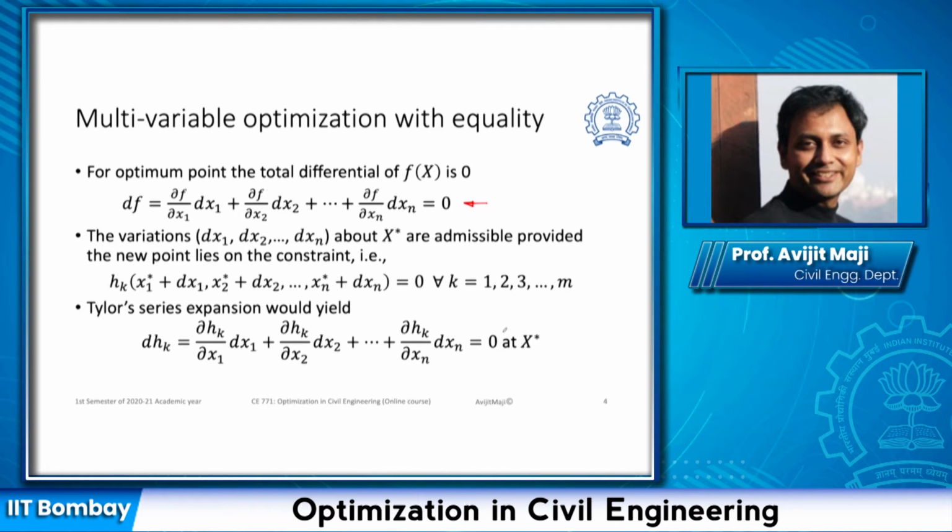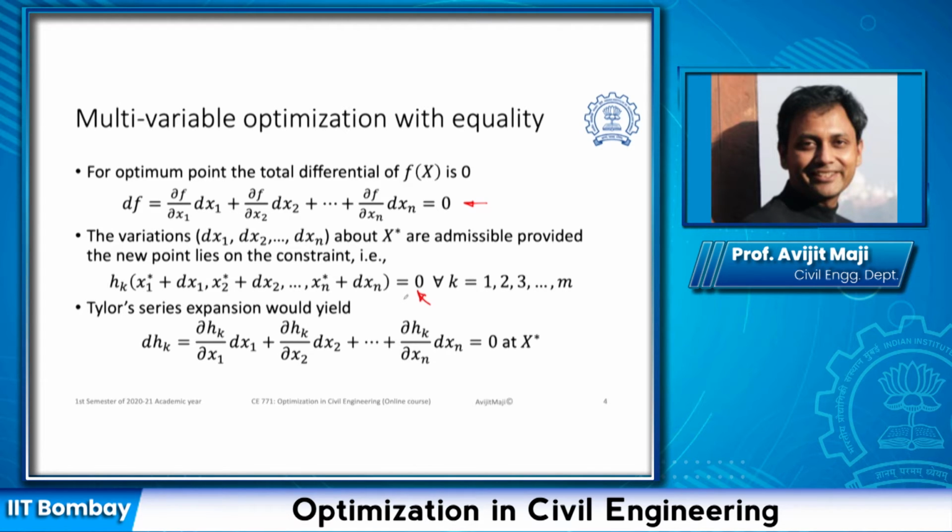Now if we take some variation about the optimum point x star, and want to see whether the new point lies within the constraint or not, then we must check the constraint for the new point with the variation. The constraint should be equal to 0 for this multivariable optimization problem with equality constraint, so we are indicating the constraint as equal to 0 for the new point, which is some variation about the optimum point x star.